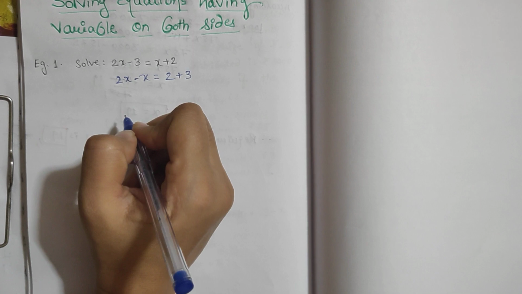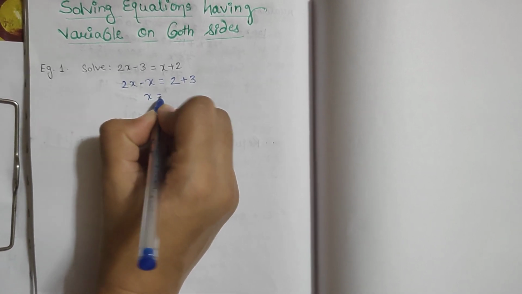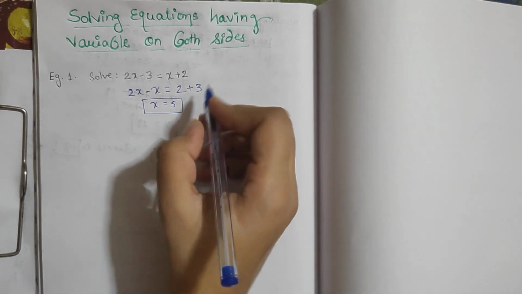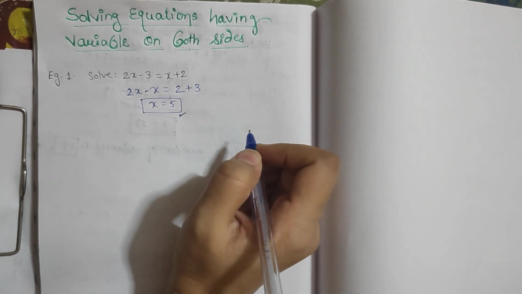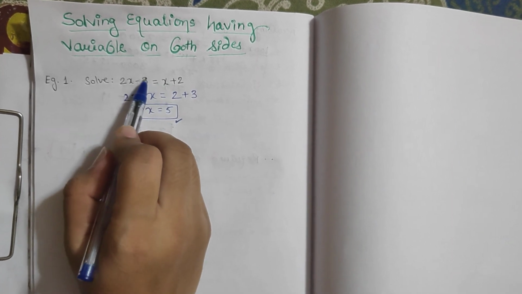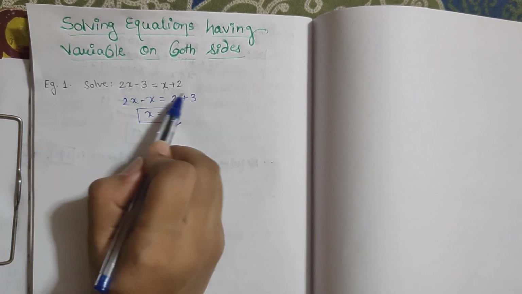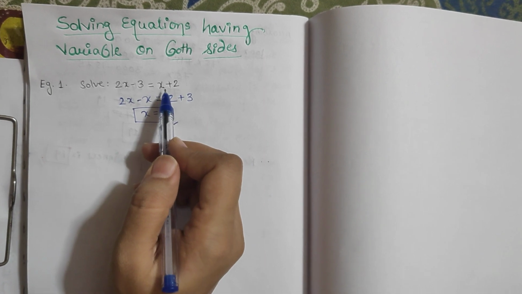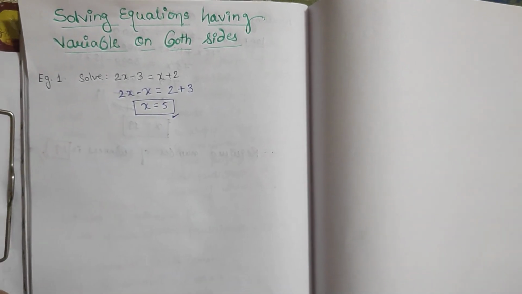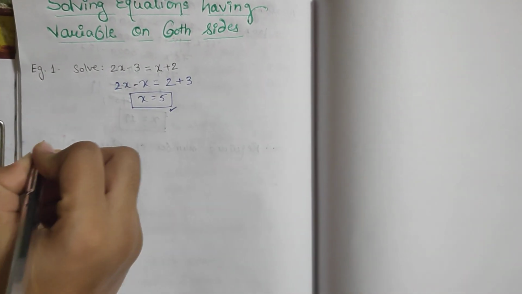So here 2x minus x is nothing but x, is equal to 3 plus 2 is 5. So this is the simpler one. This is how we have solved this equation where the variable is present on both the sides. This is one algebraic expression, this is another algebraic expression carrying variables and constants, and that is how we have to solve such examples. Now let us solve another example, a little bit complicated.